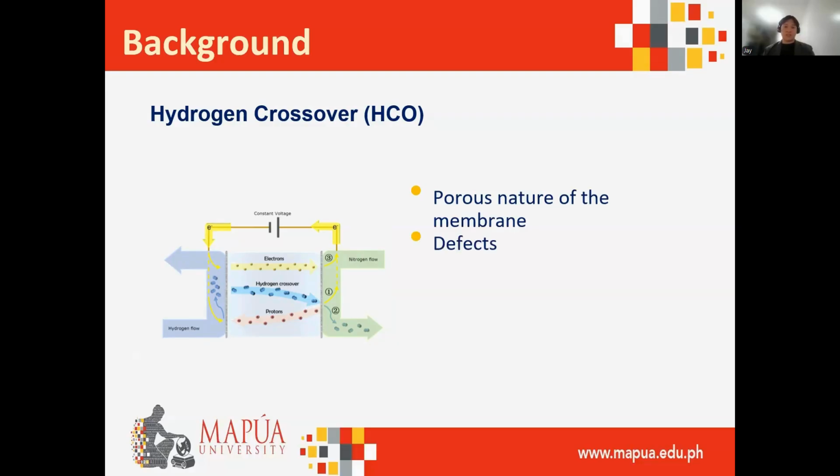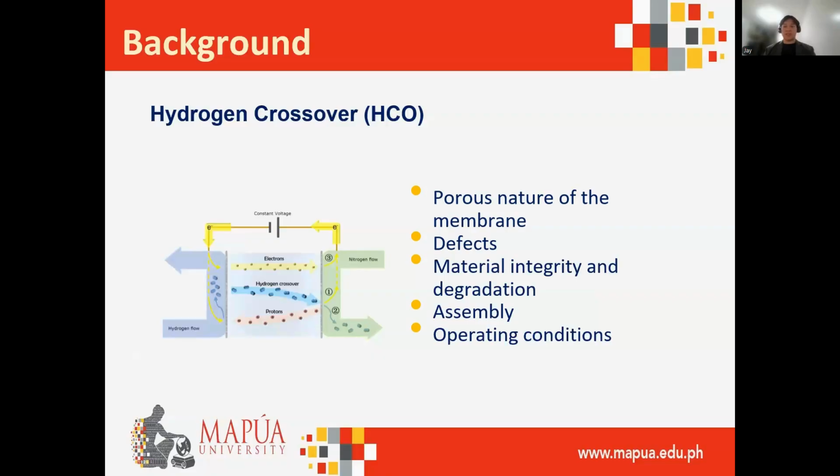Also, if there are defects occurring inside the proton exchange membrane, particularly pinholes, cracks, and other defects. Materials integrity and degradation. Assembly, if the MEA or the membrane electrode assembly is not well secured. Operating conditions such as temperature, relative humidity, and pressure also contribute to the hydrogen crossover and concentration gradient.